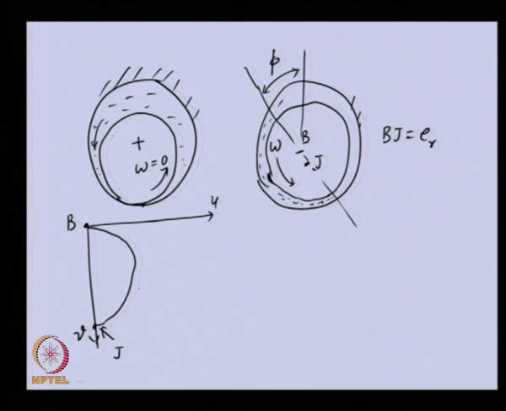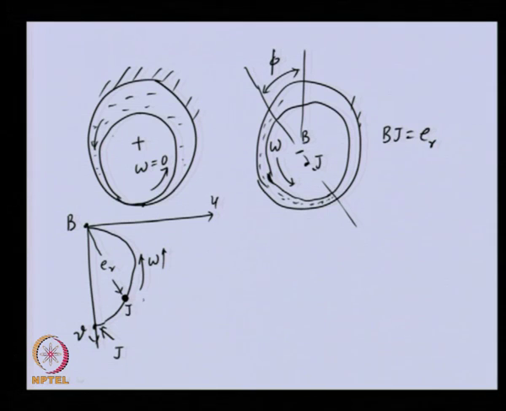So, when speed is increasing, the shaft center takes this particular path, and for one particular speed it will occupy this position, and this is the radial eccentricity which we have drawn here, Bj. This is the journal position.